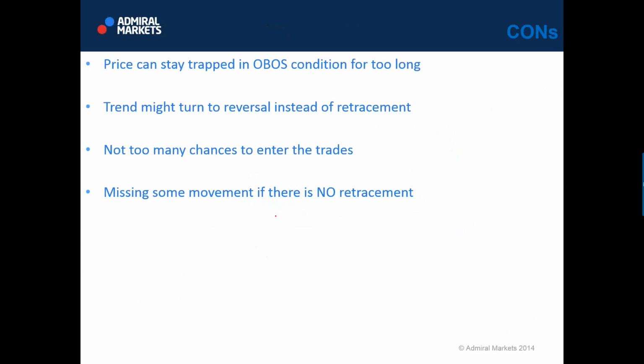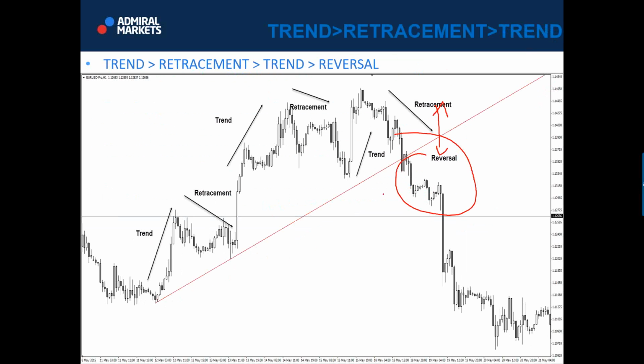Now, cons for using this, I don't know many cons, but for example, if you use overbought and oversold, you know that price can stay trapped in overbought or oversold condition for too long. Trend might turn to reversal instead of retracement.